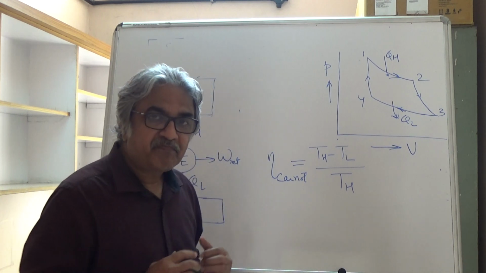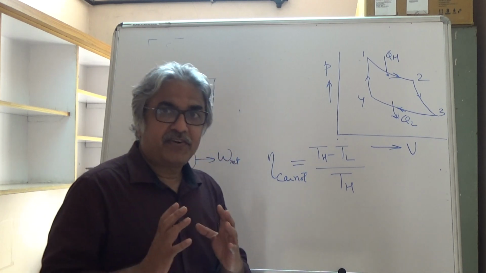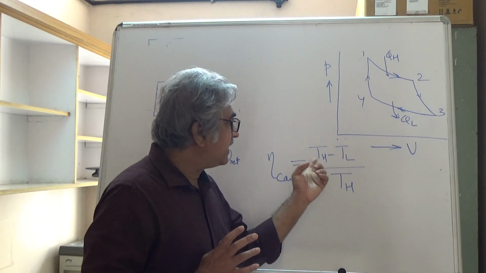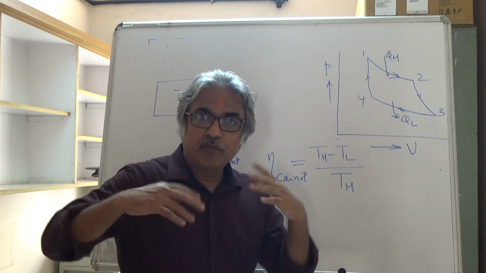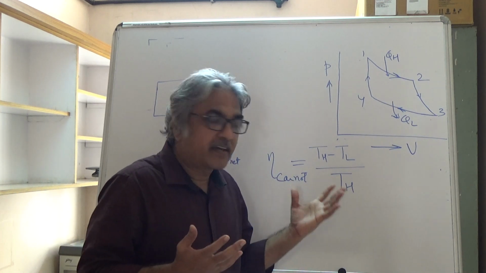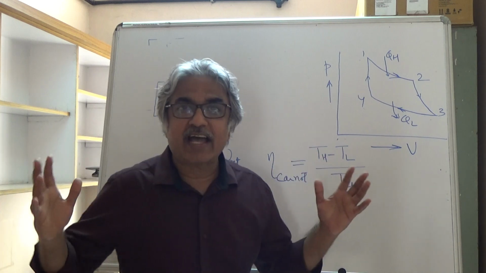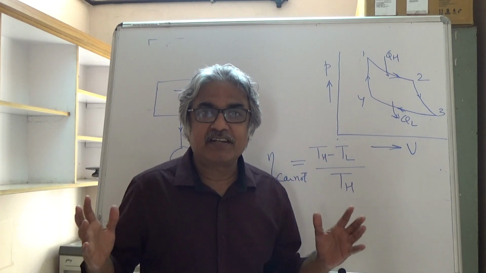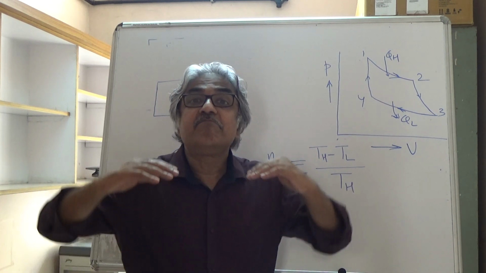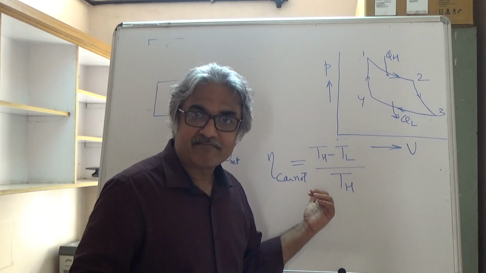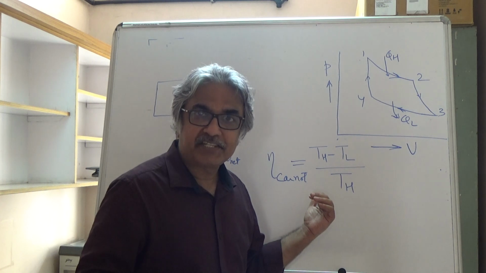Look at the numerator, TH minus TL. If the numerator is higher, that means efficiency is higher. So the higher the temperature difference between source and sink, the more is the efficiency of the Carnot engine.